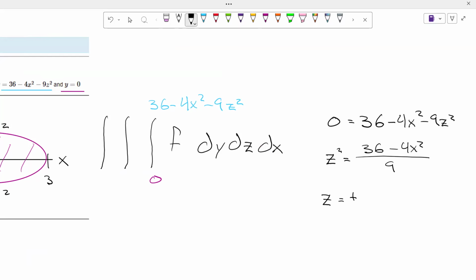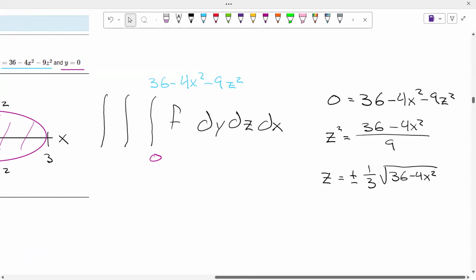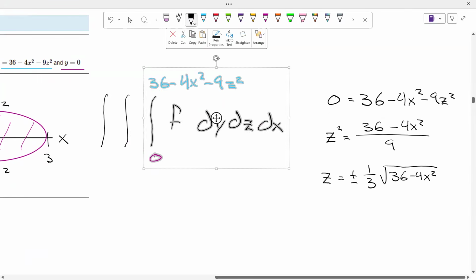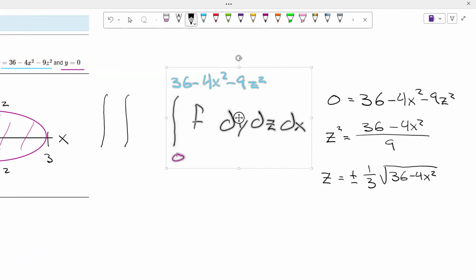So z is plus or minus the square root of, let's call it this way, 1/3 the square root of 36 minus 4x squared. So slide that over just a little bit.